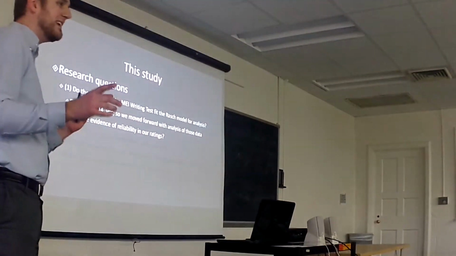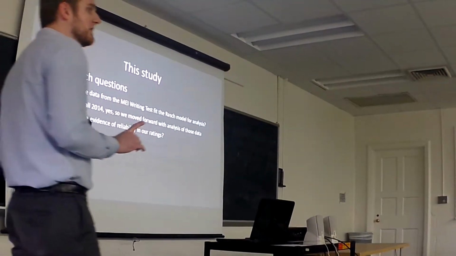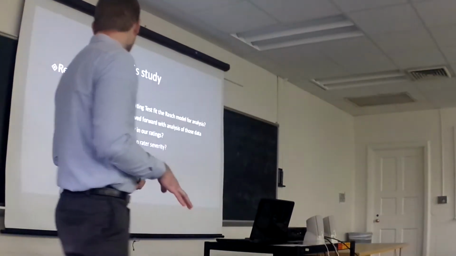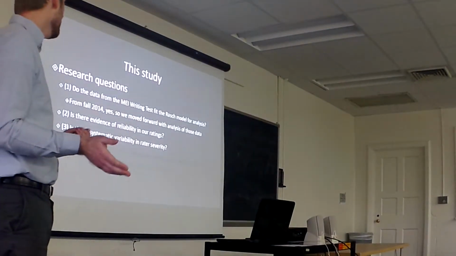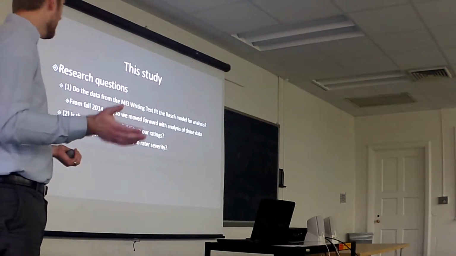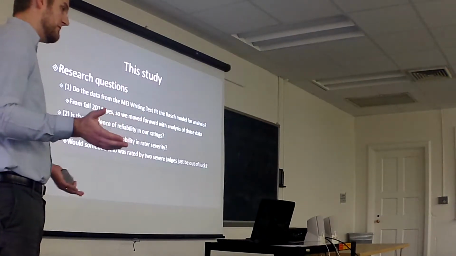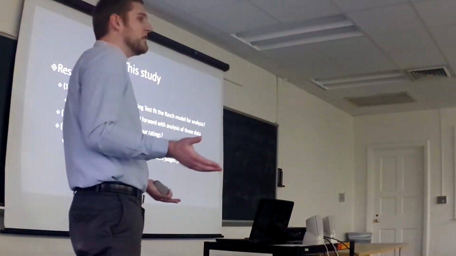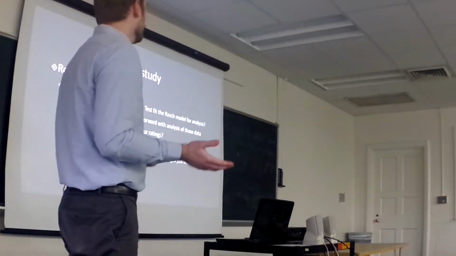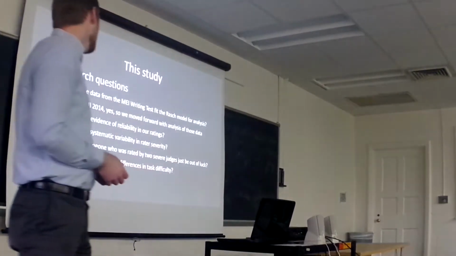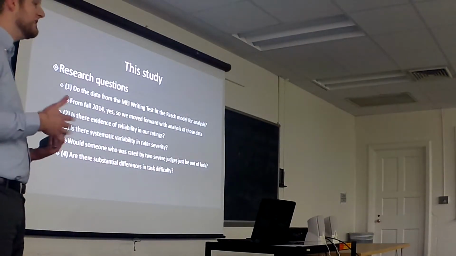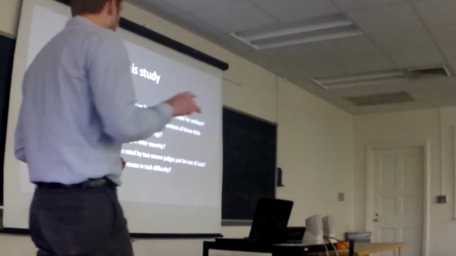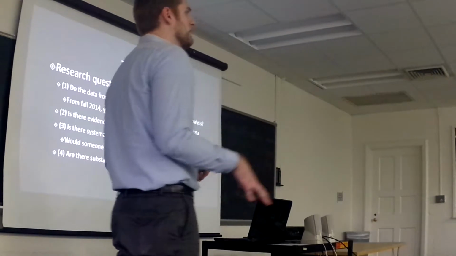It's not inter-rater reliability in the classic sense that you'll read about. Third, is there systematic variability in the severity of the raters? In other words, would someone who was rated by 2 severe judges just be out of luck? And fourth, are there substantial differences in the difficulty of the tasks? One of the papers spends quite a bit of time looking at that.